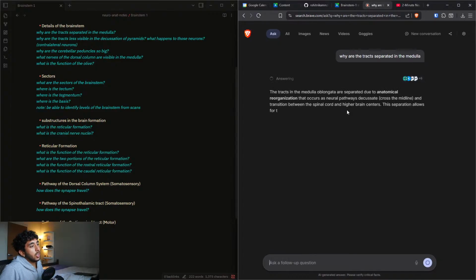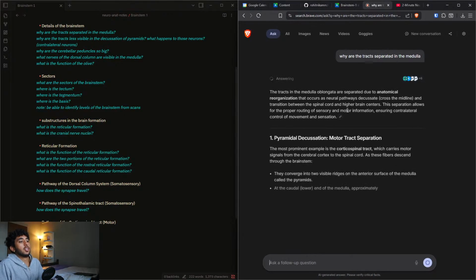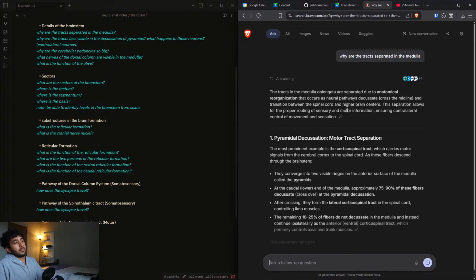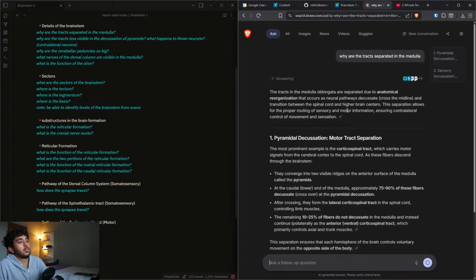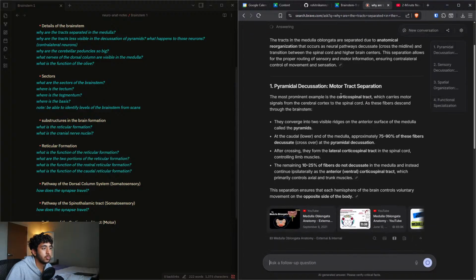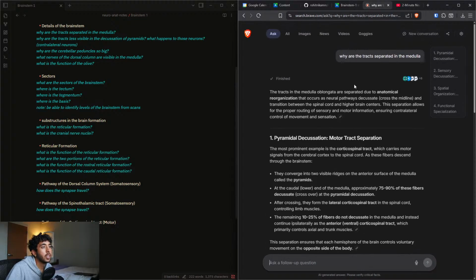Let's see what good old AI gives us. Okay, so they're separated just to ensure that they're organized in the correct areas.